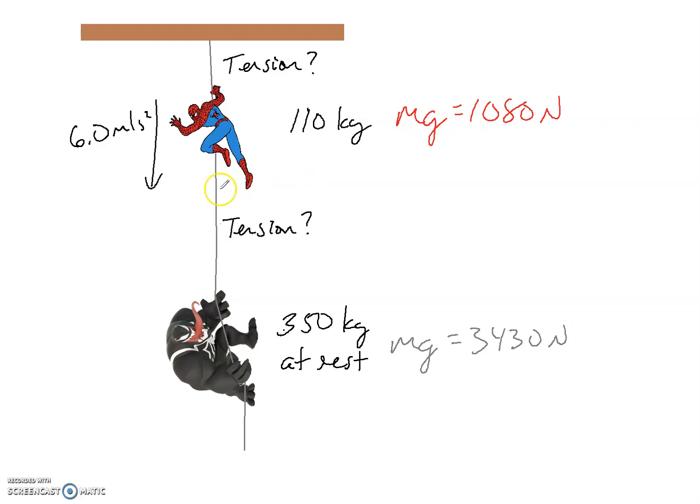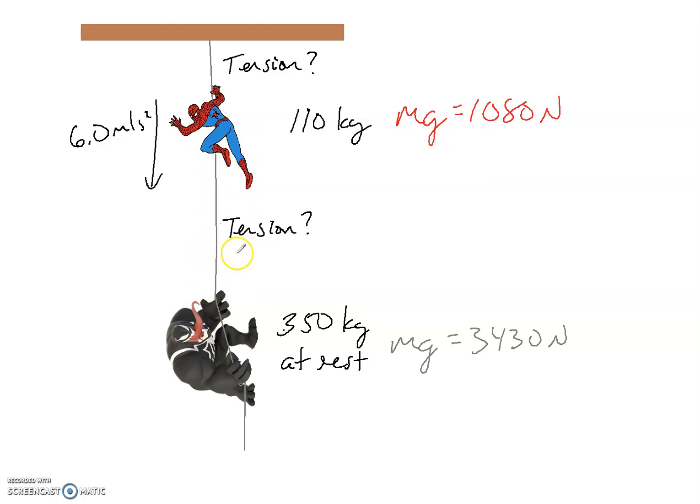Let's start with the bottom tension. If we cut the web right here, the tension would be zero on the remaining web, which tells me that Venom is responsible for all the tension there. Spider-Man has nothing to do with the tension below him.